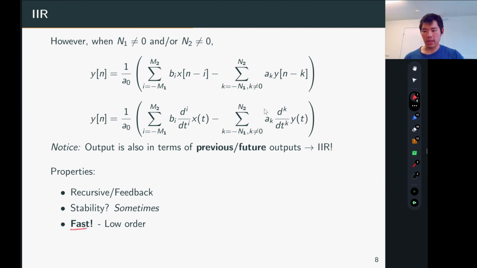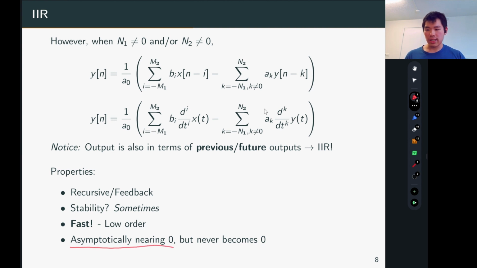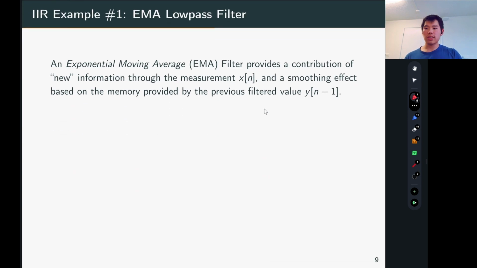Hence, sometimes that's why the IIR filter is preferred over the FIR filter. And then sometimes the response will asymptotically near 0, but it will never become 0, realistically, and we will see that in a couple of examples. So the first example is the EMA lowpass filter.